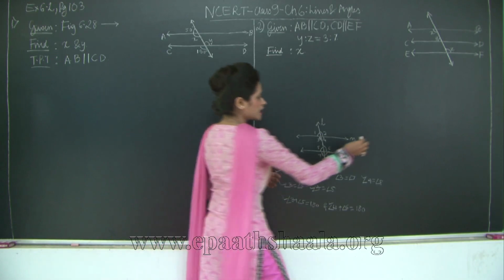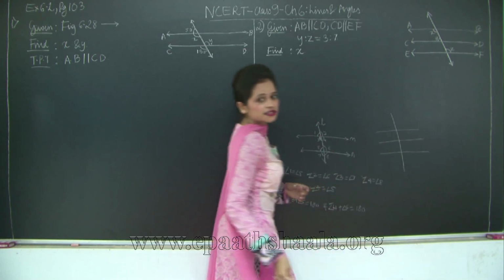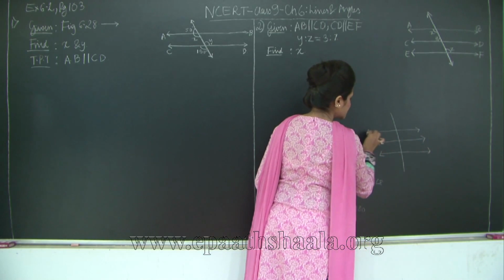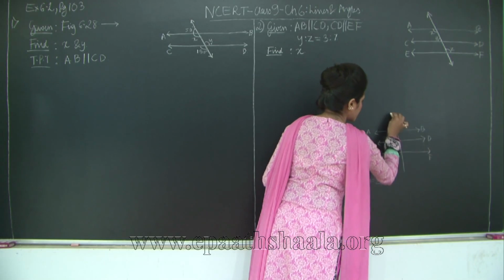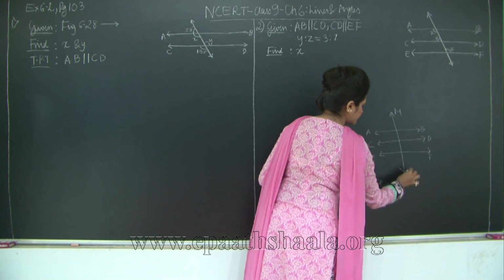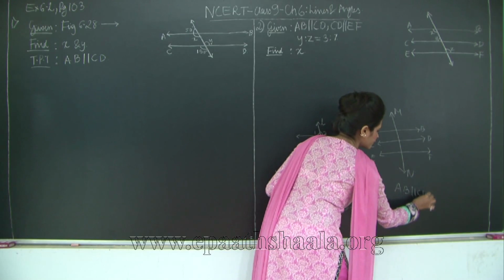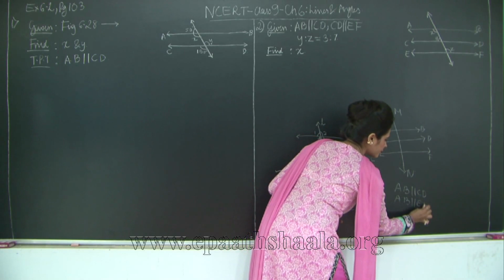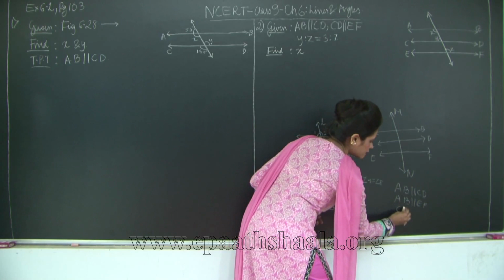Also we learned the other concept that lines parallel to the same line are parallel to each other. So if I have, let's say, three lines AB, CD and EF, if I say that AB is parallel to CD and AB is parallel to EF, then CD is also parallel to EF.